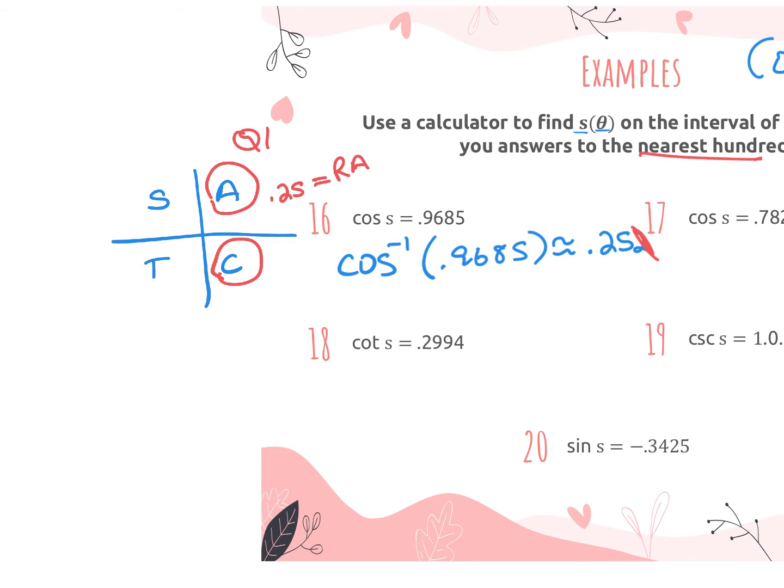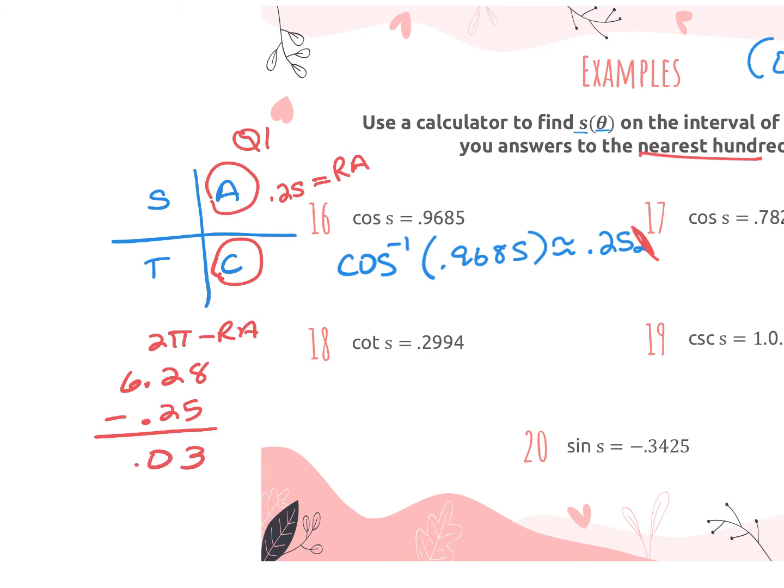Now, to find the angle measure from quadrant 4, what I'm doing here is 2 pi minus that reference angle. I'm just going to do 6.28 minus 0.25, and that's going to give me the angle from quadrant 4.